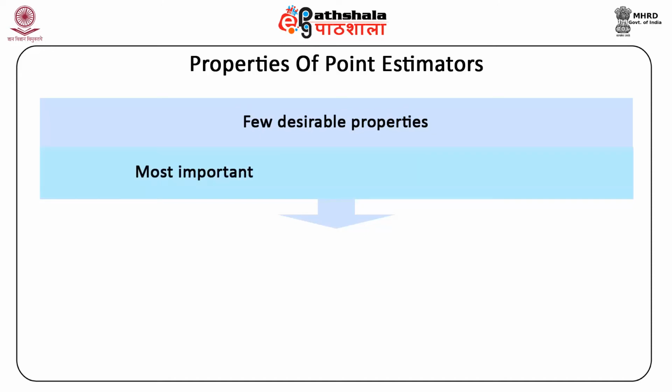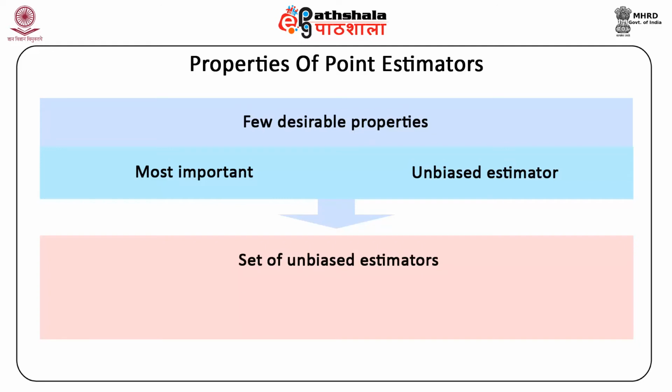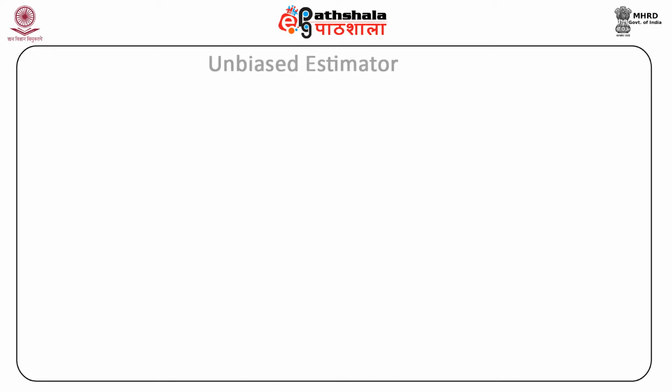The most important property an estimator should possess is unbiasedness. And once we have a set of unbiased estimators, we should look for one that has the minimum variance in the set of given unbiased estimators.